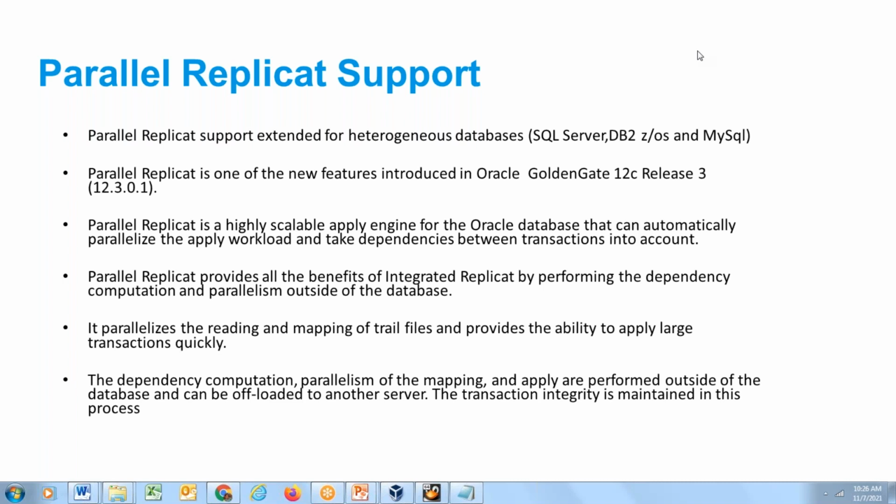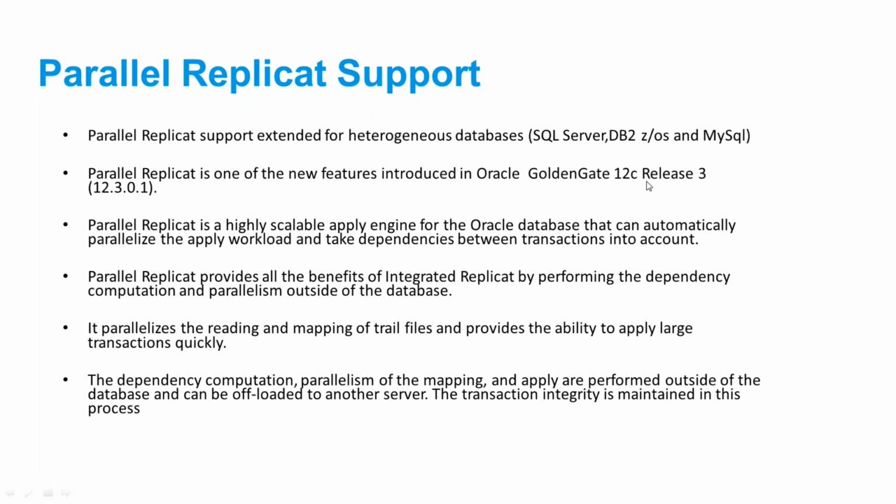It was introduced in Oracle GoldenGate 12c R3. It is a highly scalable apply engine for Oracle databases that can automatically parallelize the apply workload and take dependencies between transactions into account.